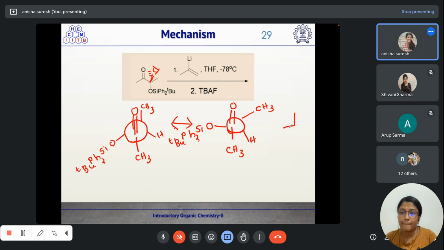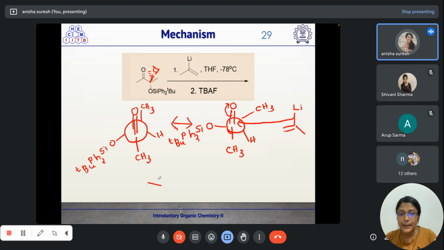Now this compound will go and attack on this carbonyl. So this is the unhindered position, the Burgi-Dunitz angle, unhindered position. So this will come and attack in this fashion.